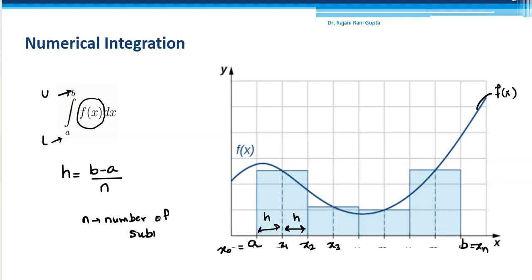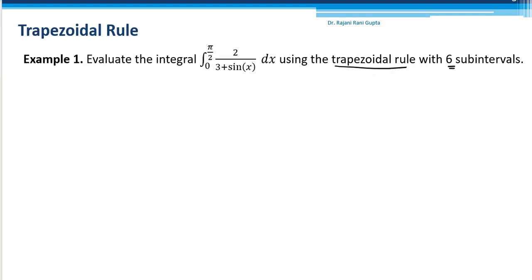It means in how many subintervals we are going to divide the interval AB. So comparing this with the previous one, we know that this is your a, this is b always. And the function is this. Let's write down these things.